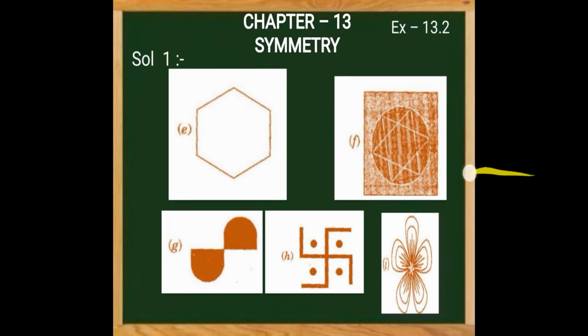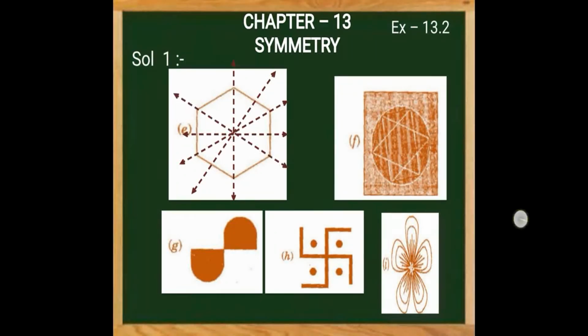So let me draw a line of symmetry for this. Here comes my first line. L1, L2, L3, L4, L5 and L6. So we conclude if any figure is a regular hexagon, then it will always have 6 lines of symmetry.